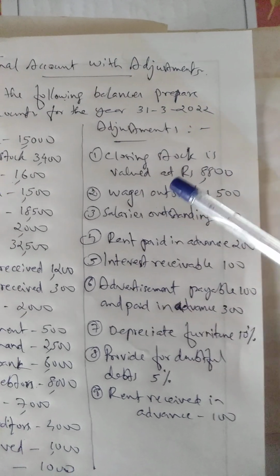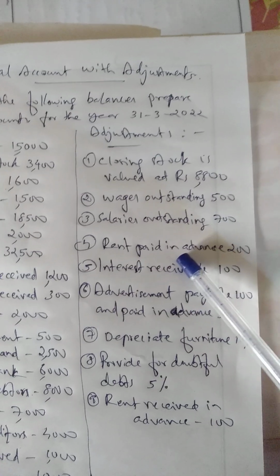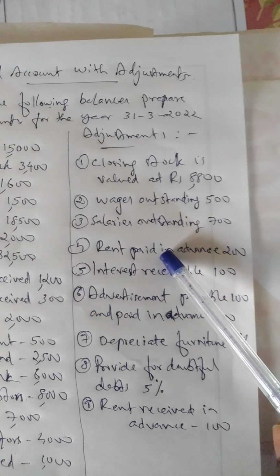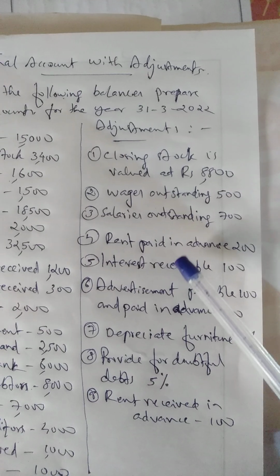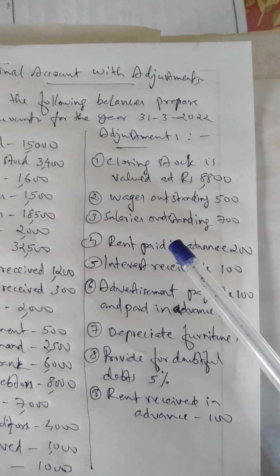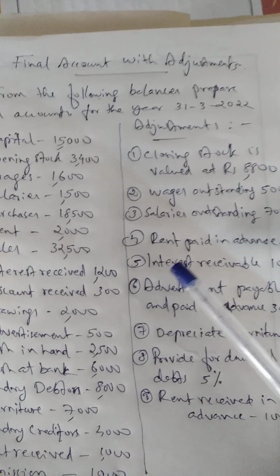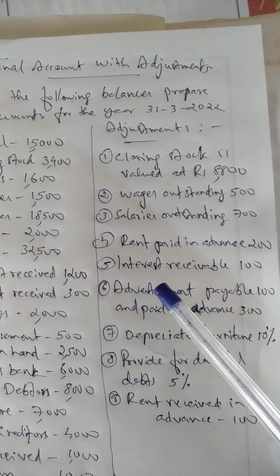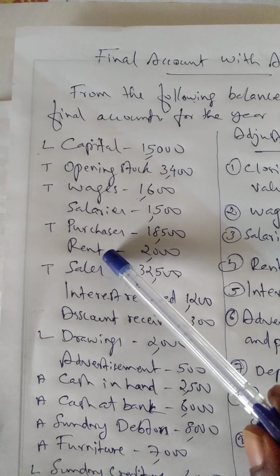I give a general statement that any expense paid in advance in adjustment must appear in two places in the final account. One is, it should be deducted from the concerned item in the trading or profit and loss account. Here rent paid and its concerned item is this rent.